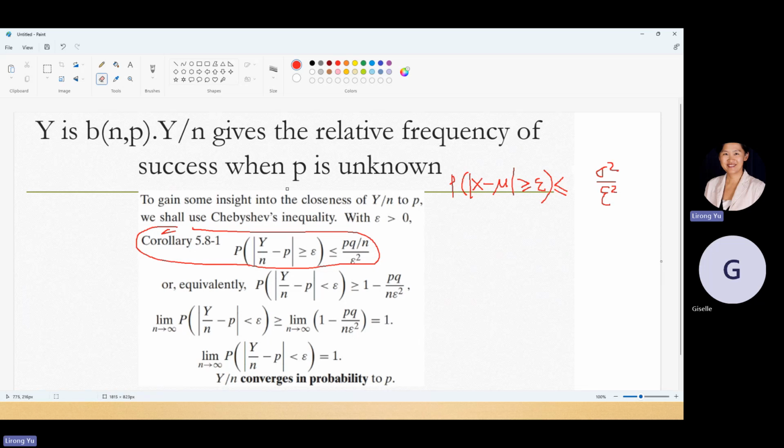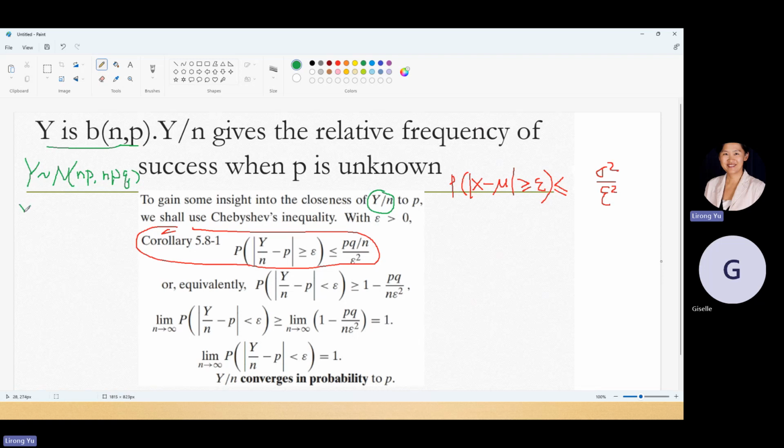So applying that to the binomial distribution, if Y is a binomial random variable, then Y is a summation, so it would follow a mean equal to np and variance equal to npq.